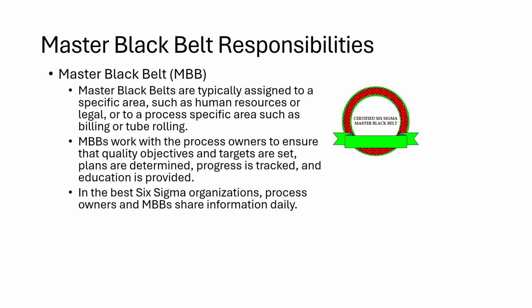And I've also seen situations where the Master Black Belt behaves like a black belt, and they're the ones that are responsible for completing the entire Lean Six Sigma project from beginning to end. So that's defining the problem, measuring it, analyzing it, improving, and controlling. So I've seen it both ways depending on how much maturity the entity has with Lean Six Sigma and how long Lean Six Sigma programs have been with the organization.